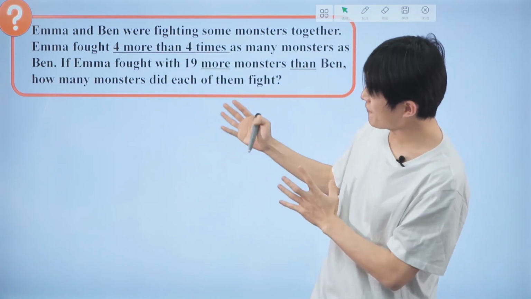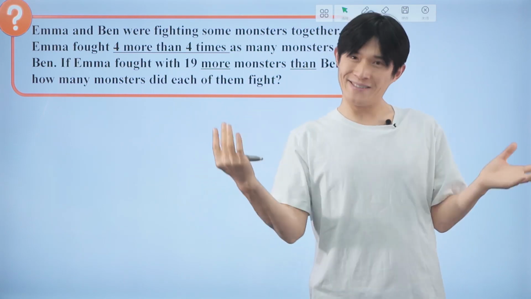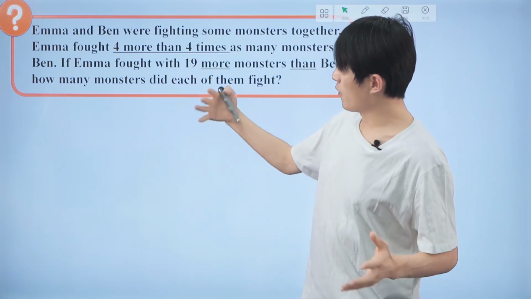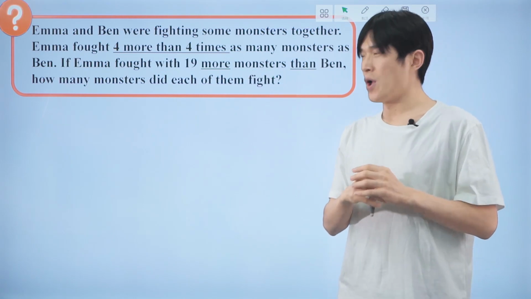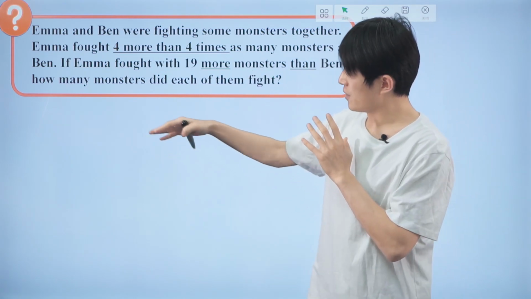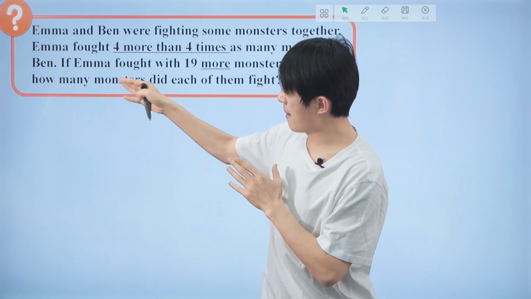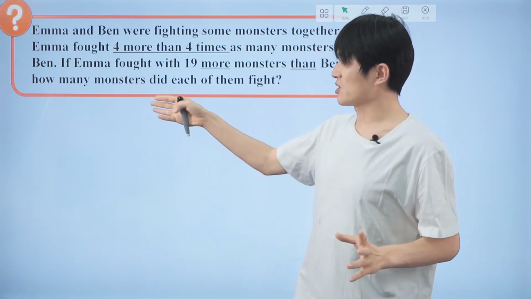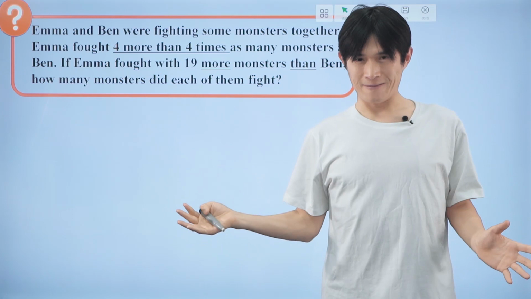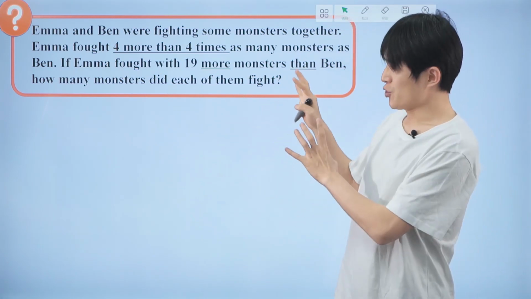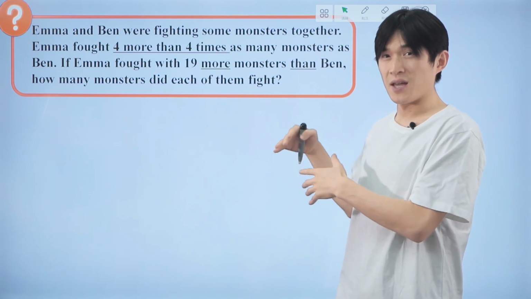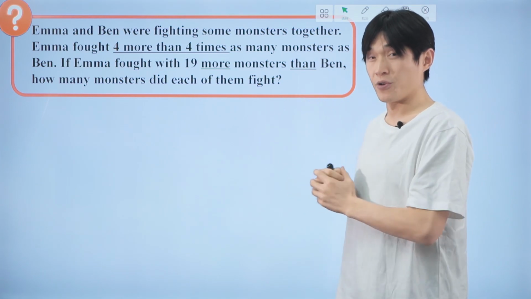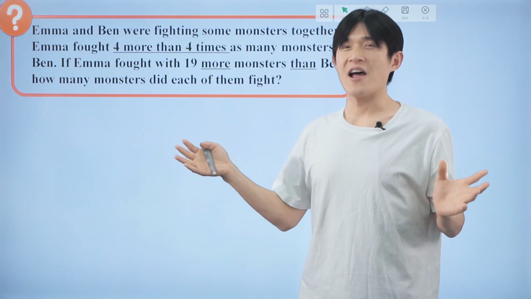And then you know the difference between them is 19, right? Emma fought 19 more monsters than Ben. So use the monsters Emma fought minus the monsters Ben fought is 19. So we can actually use the comparison model to express it in a mathematical equation, and then we get the value of 1 unit.